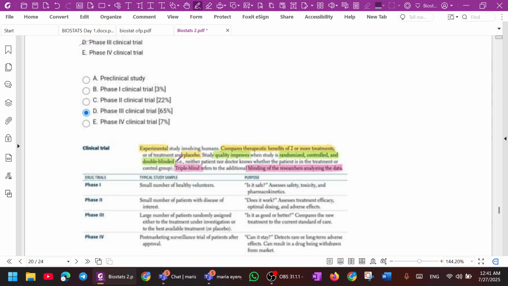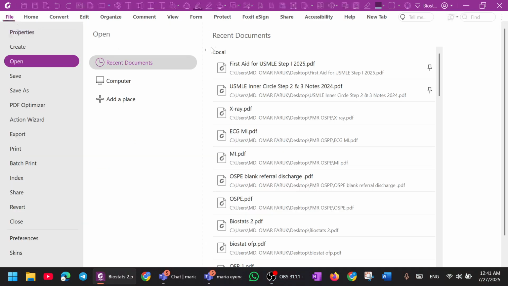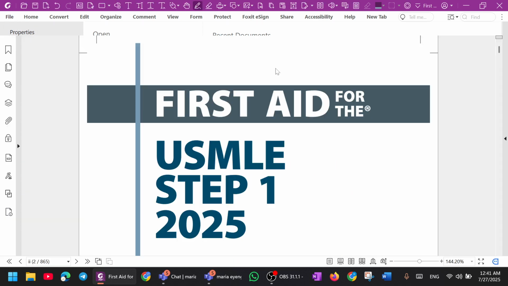Can you read that, or is it too small? I should be able to read it. It is taken from First Aid. Okay, read it.